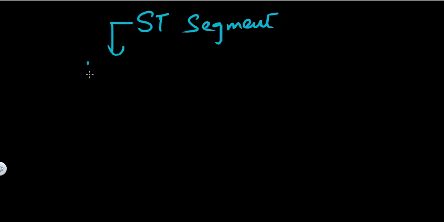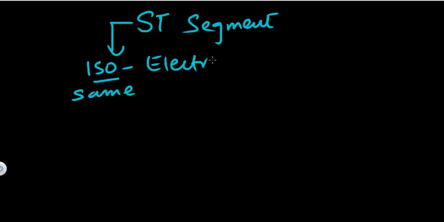When there is an MI or when there is an ischemia, you should know that this ST segment is basically an ISO, means same and electric, and it's normal. And basically you can also be asked about the ions which are responsible for this segment.